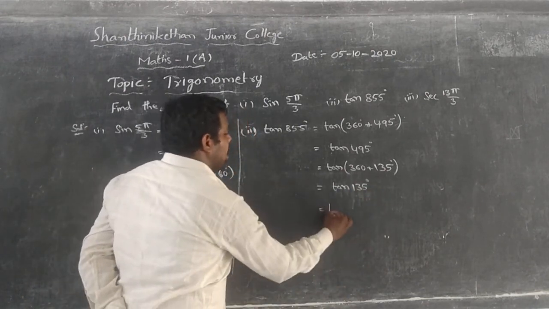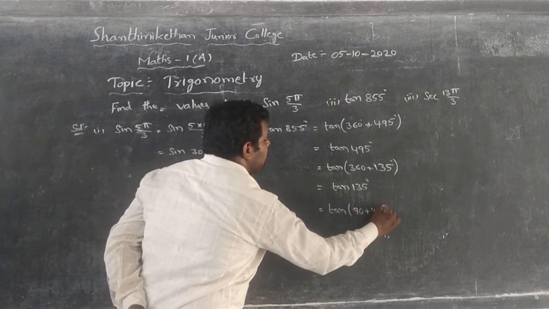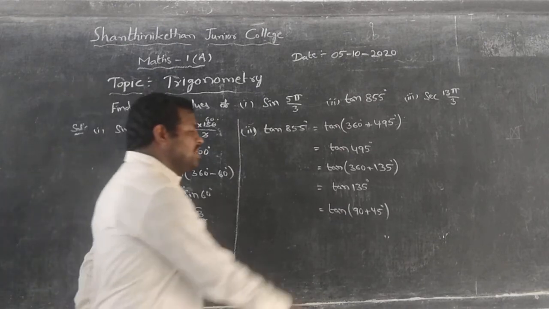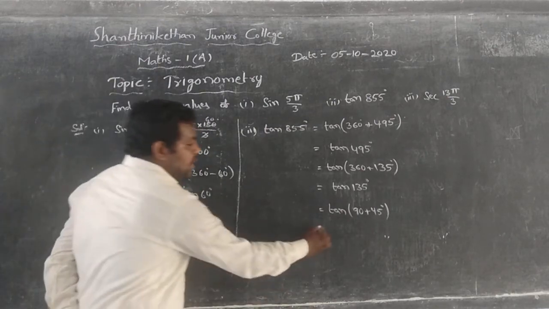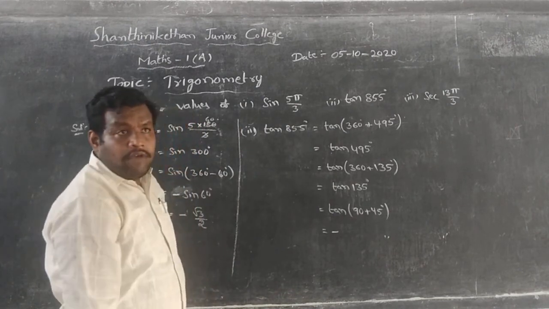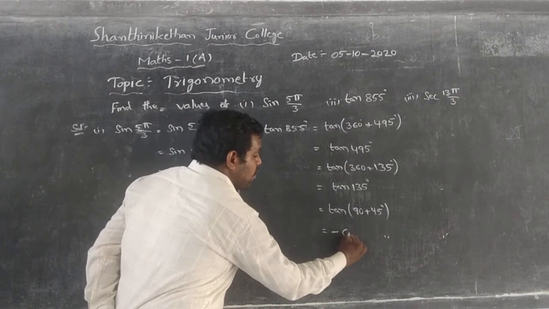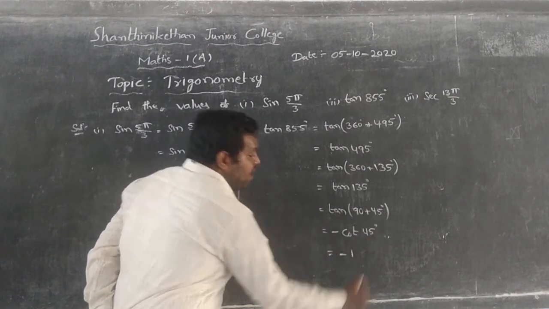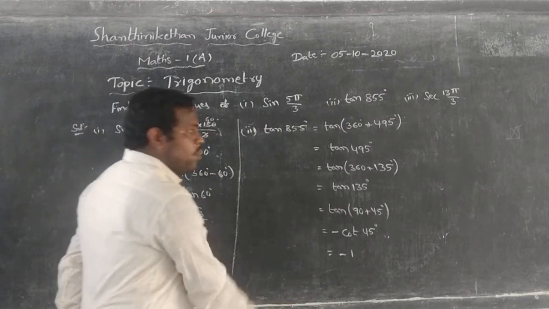Again by using related angles, 135 can be written as 90 plus 45 or 180 minus 45. 90 plus theta is in which quadrant? Second quadrant. In the second quadrant, tan is negative. 90 plus is an odd multiple. If angles are in an odd multiple, ratios will be changed. Tan will be changed to minus cot 45 degrees. You know the value of 45 degrees. Cot 45 value is 1.